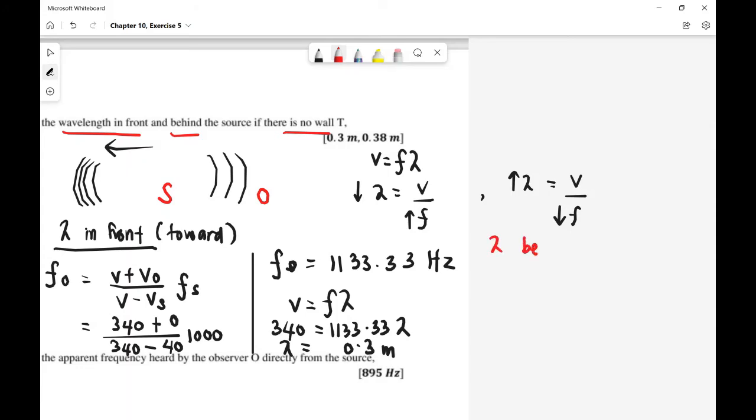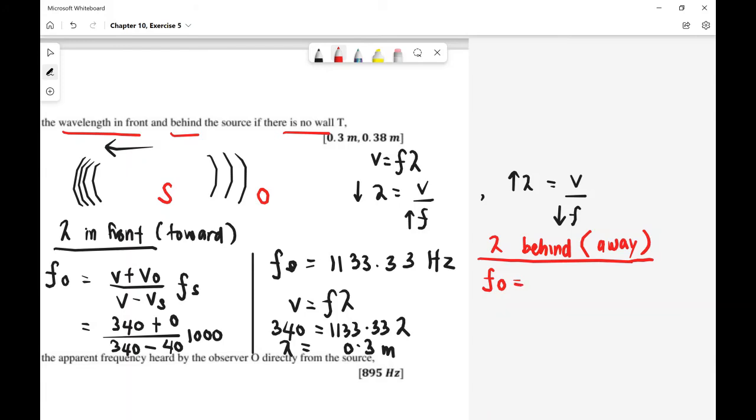Lambda behind the source maksudnya source tengah move away, move away from the observer. So kita pakai formula FO, frekuensi heard by the observer. Cari dulu frekuensi heard by the observer and then boleh cari lambda kat situ.